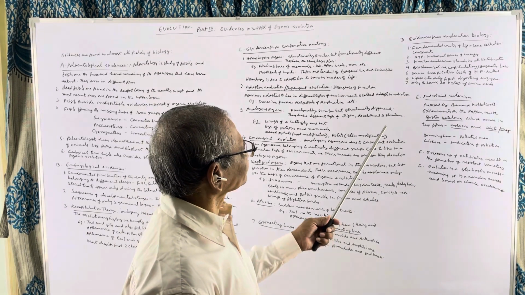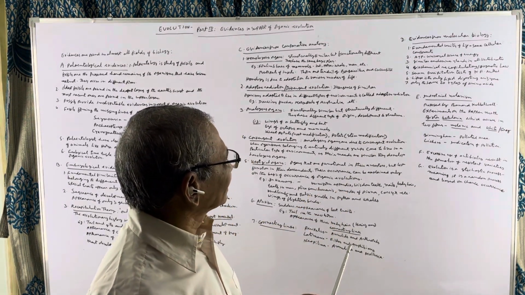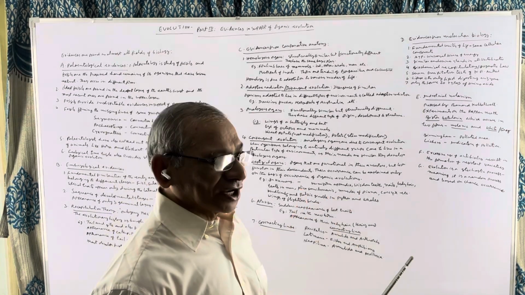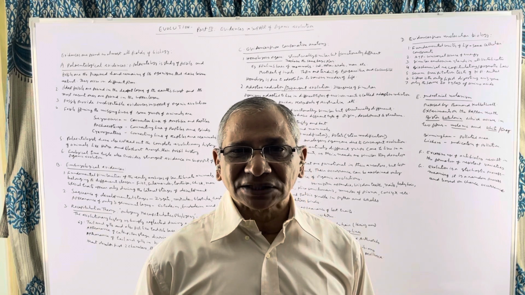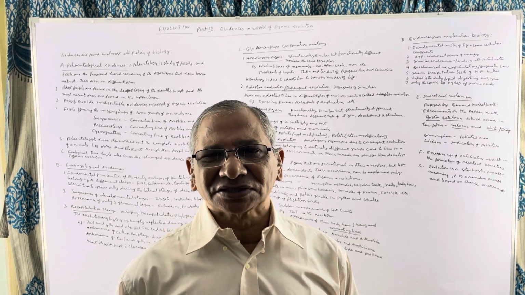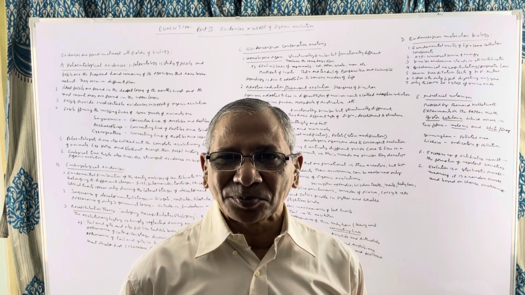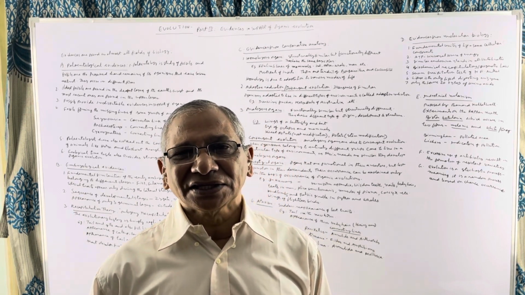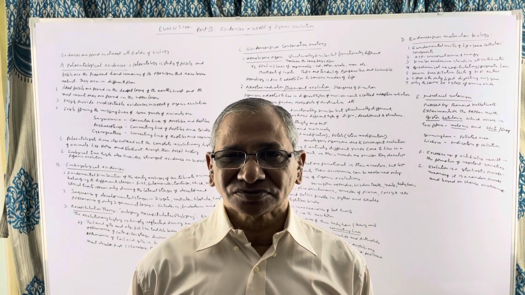Then, there is another point, endocrine glands. You take the vertebrates. In all the vertebrates, from fish to human beings, we find the same type of endocrine glands, and they secrete the same type of hormones having similar function.